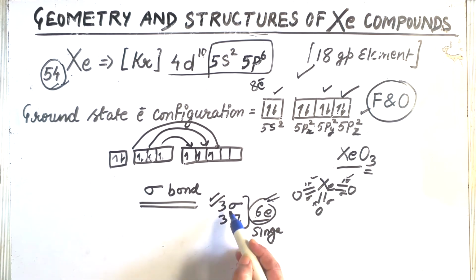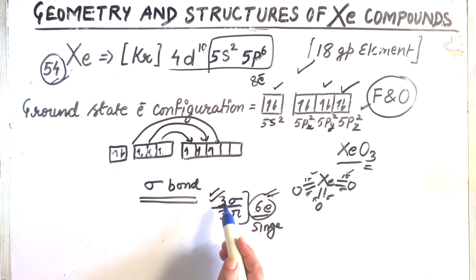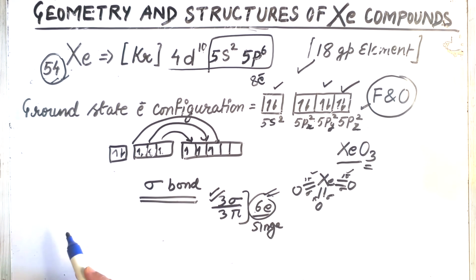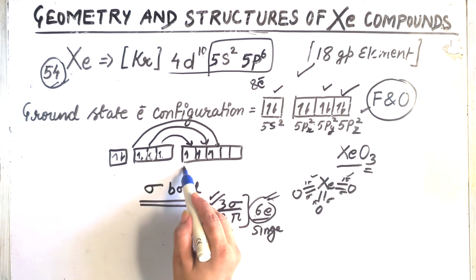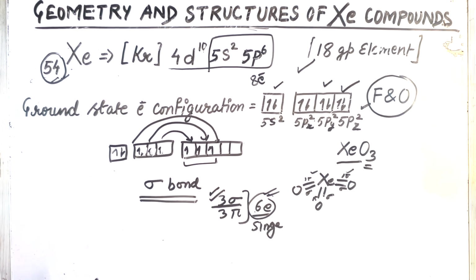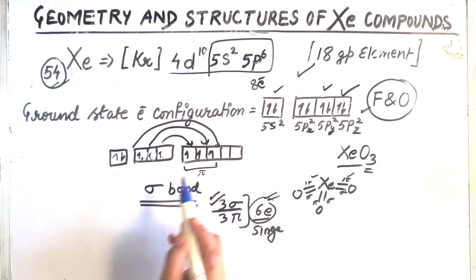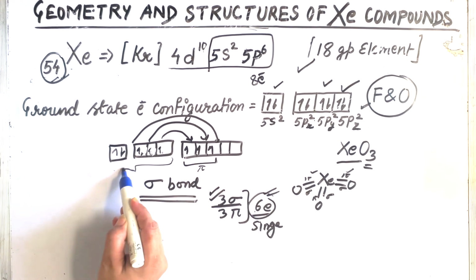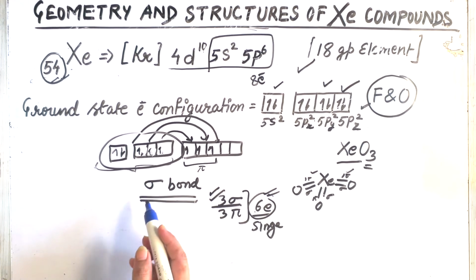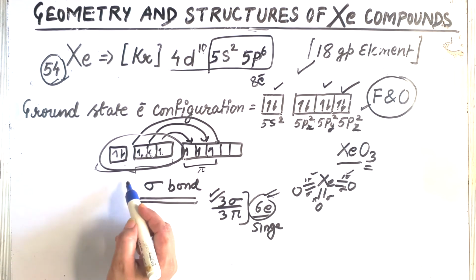Now the purpose is that 3 pi bonds we have to form. So we need to involve 3 single electrons in the hybridization, and the rest of the orbitals we will keep free. We will not include them in the hybridization because we will be using them in making the pi bond. So this is for the pi bond, and these 3 will be part of the hybridization. Can you tell me how many orbitals we are using for the hybridization?